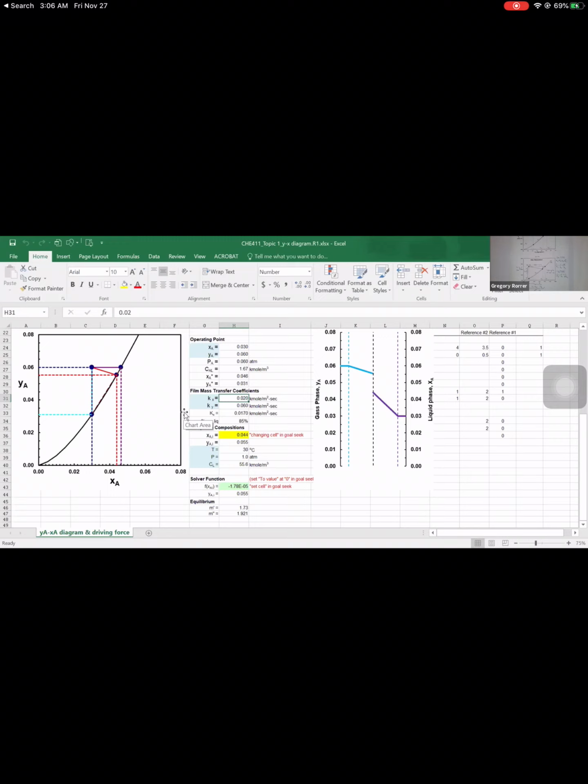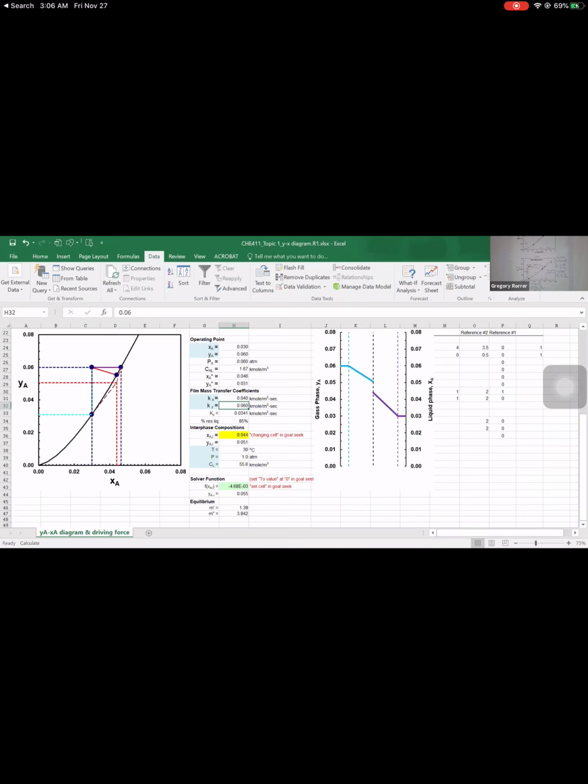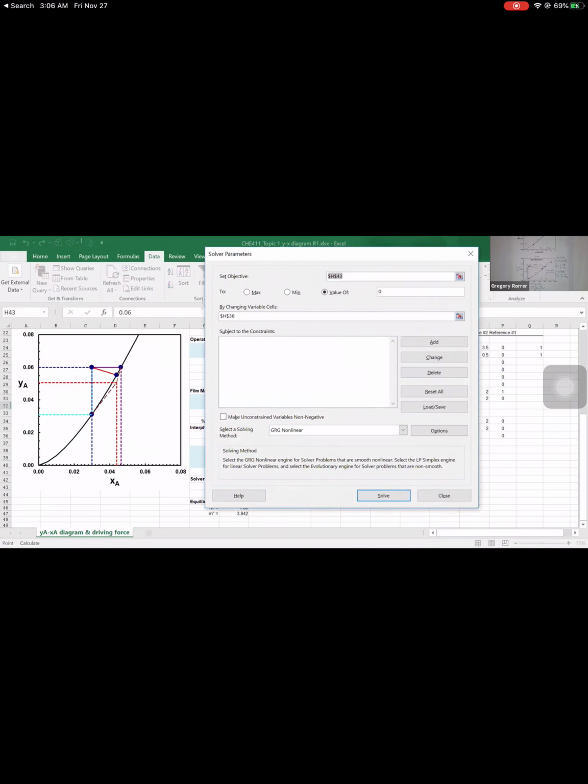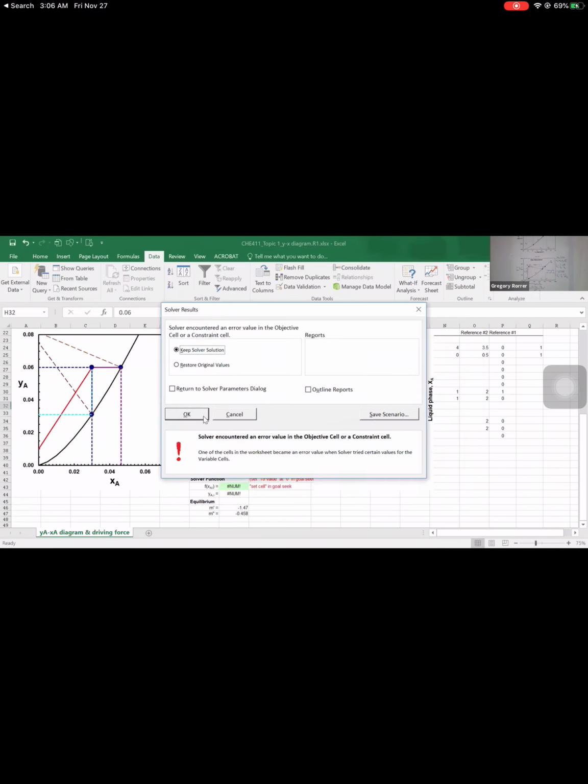All right, if we make that kx a little bit bigger, let's double it. All right, now you notice here that the lines don't quite link up. This has an implicit solution in it. Now we have to go to Solver. And we just solve it. And I messed up.